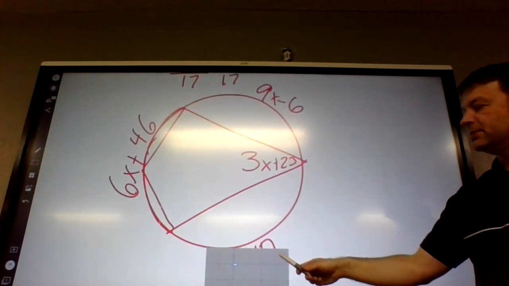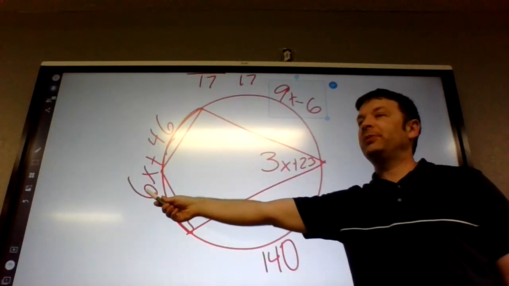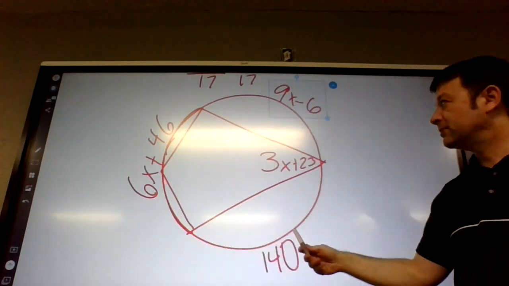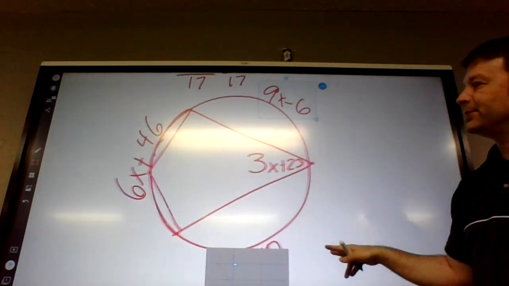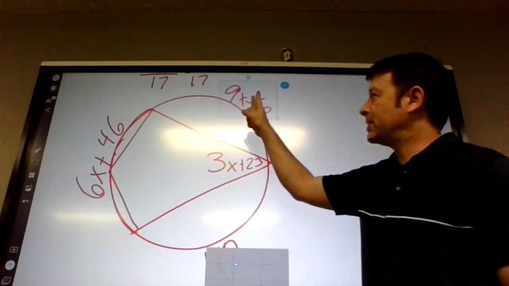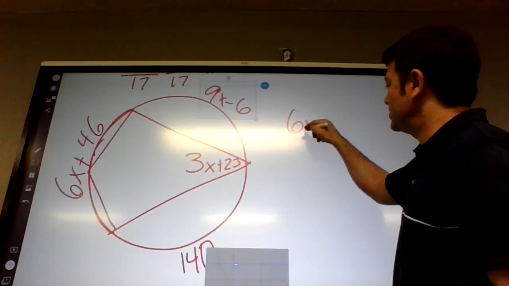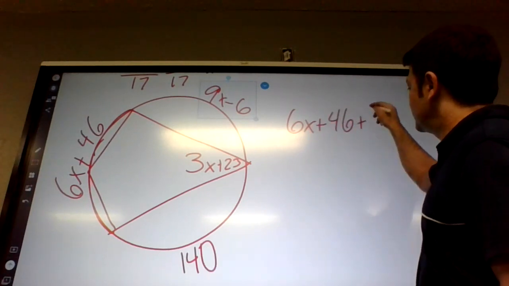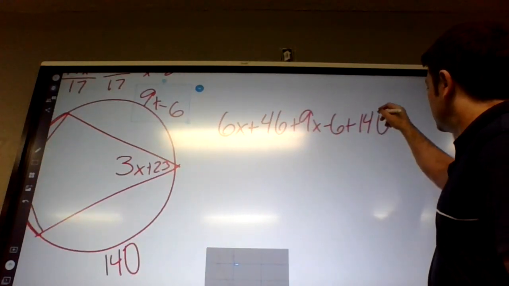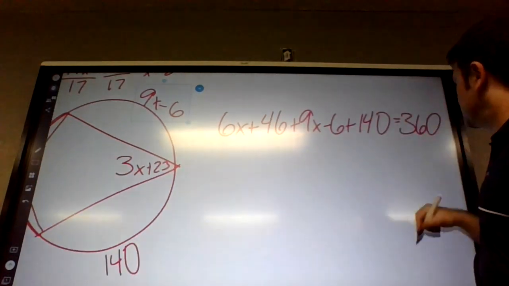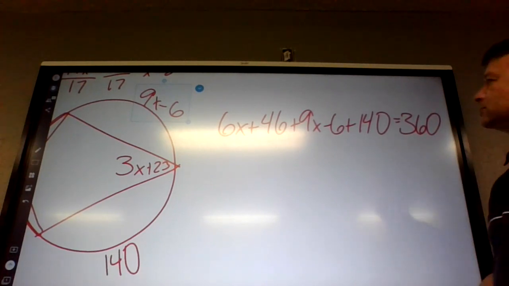Well, we have the entire circle represented by these three arcs, right? That equals 360. Yeah, they should add up to 360 then. So that plus that plus that. That's probably the hardest one on this worksheet. 6x plus 46 plus 9x minus 6 plus 140 equals 360. That's a lot of work.